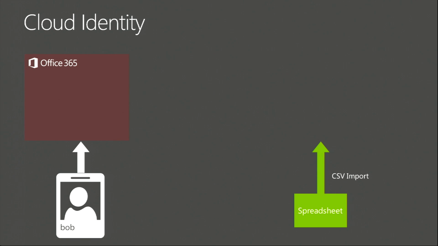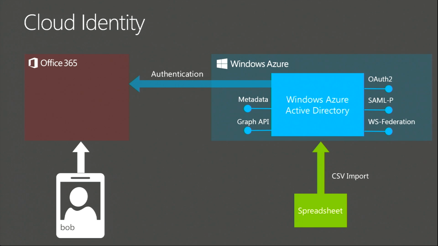In that session, we're actually going to show you how to push identities into Azure AD and use them for Office 365. So if you're looking at simple population of identity, that would be an easy one to go to. We're going to use a spreadsheet and PowerShell to push a whole heap of identities straight into Azure Active Directory. This will allow Bob to authenticate against Azure Active Directory and get access to all of the services within Office 365.